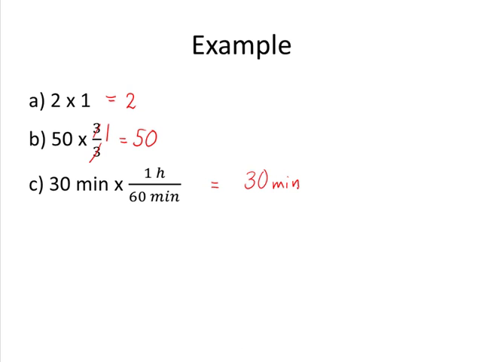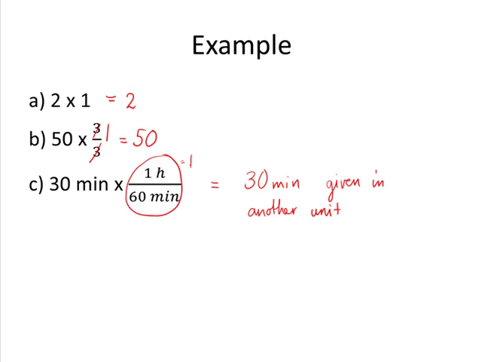You haven't made it into a longer or shorter period of time, because remember, 1 hour divided by 60 minutes is 1. So you're saying 30 minutes times 1, really? And you can multiply anything by 1 without changing the truth of the value.